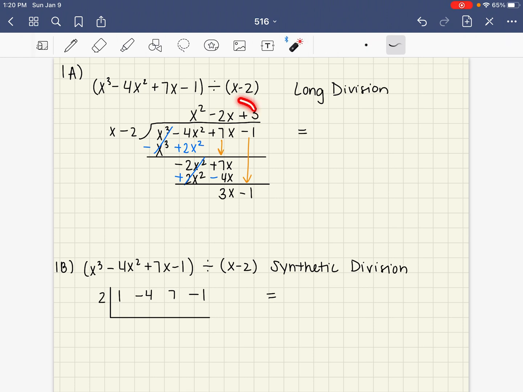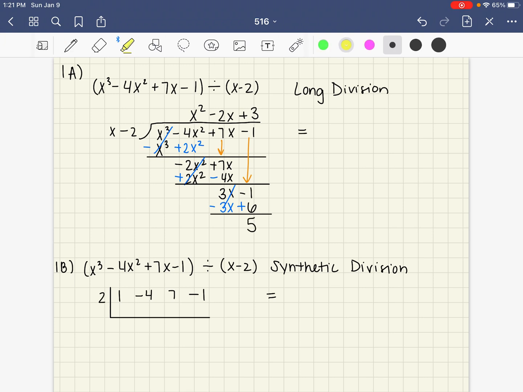Then we multiply 3 times x and 3 times -2, and we get positive 3x, so a -3x. These cancel. And then positive times negative is a negative, but we're subtracting, so it's a positive 6. First cancel, -1 plus 6 is 5.